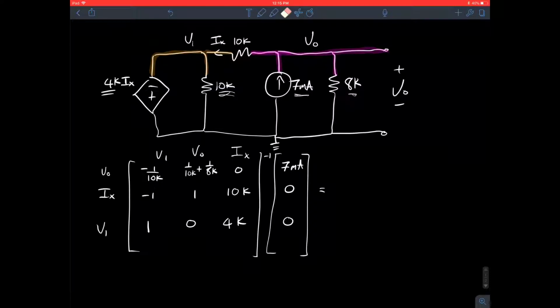So if you pull that up in MATLAB, you'll end up with negative 16 and 24 and 4. This is going to be in milliamps, this is going to be in volts, and this is going to be in volts. Alright, so there you have it.